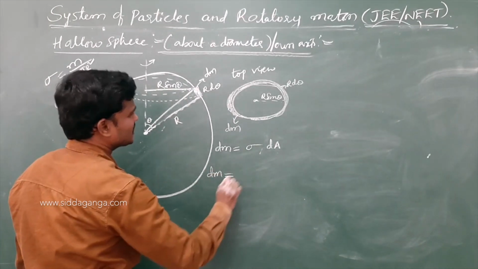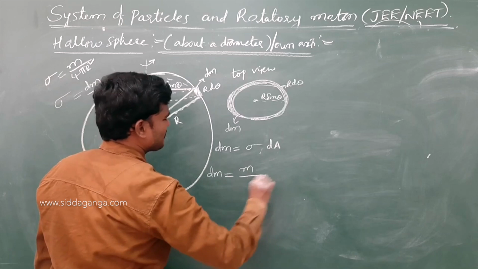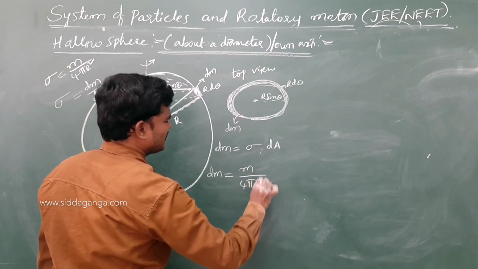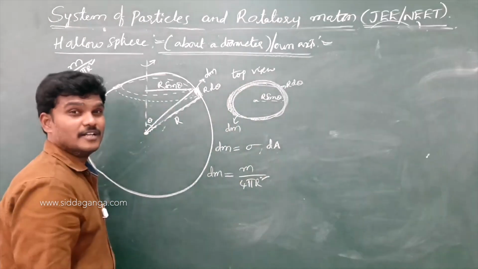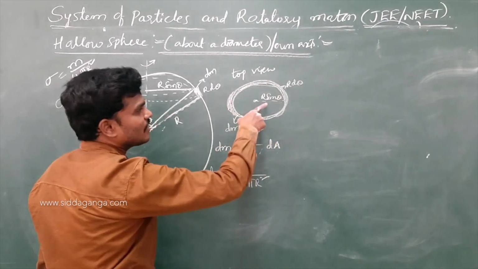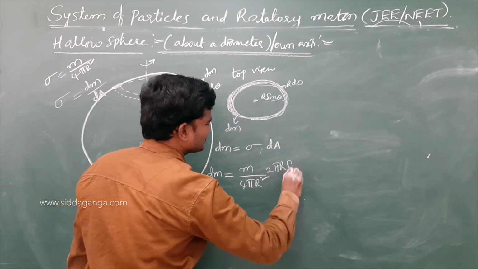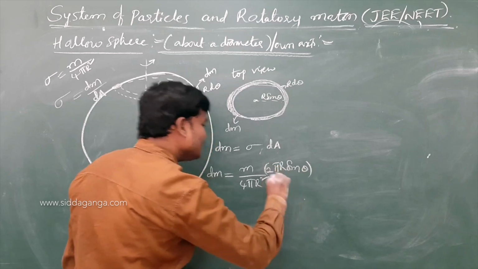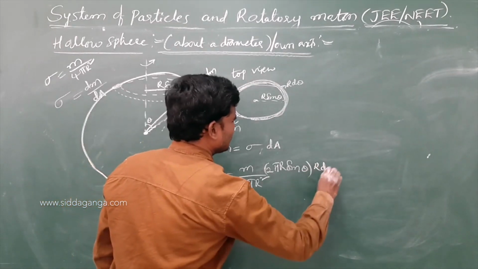dm is equal to sigma dA. What is sigma? Sigma is M by 4 pi R square. dA is the area of this ring, length of the ring and thickness. Length is what? 2 pi r, where r is nothing but R sin theta. So 2 pi R sin theta is the length, the circumference, into R d theta.